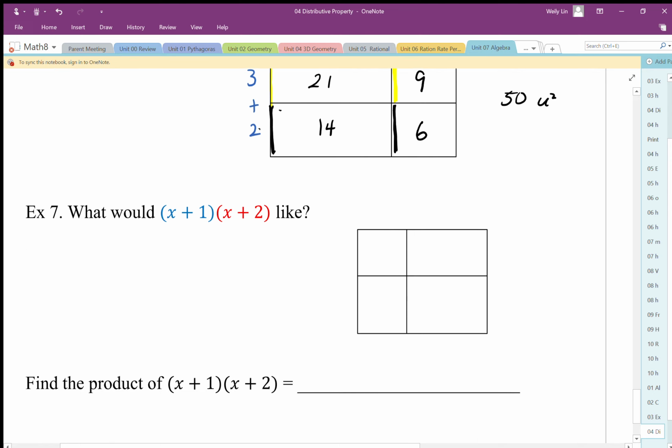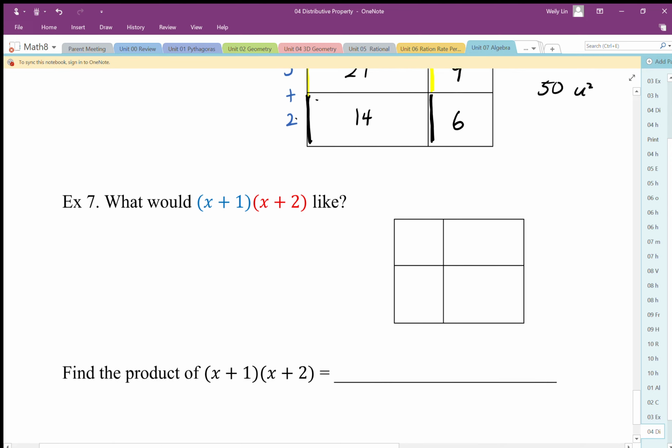So then if it works with numbers, it should work with algebraic expressions. And it does. If I want to show my length of x plus 1, and my width of x plus 2, I could see that it's going to generate these 4 area pieces, which makes sense because 2 pieces along the length and 2 pieces along the width generate 4 pieces of area.